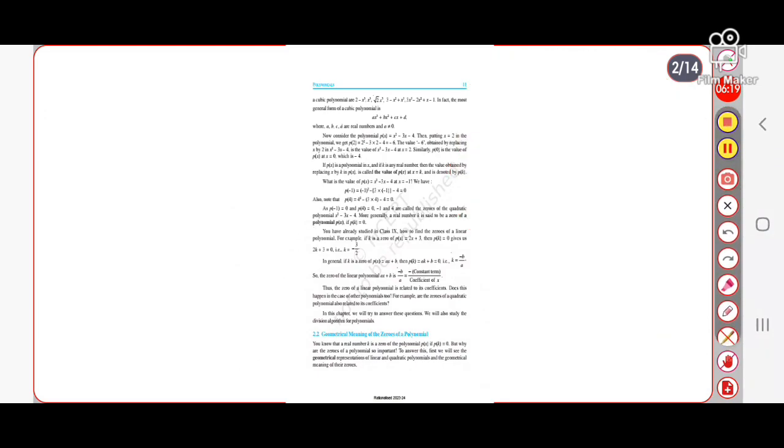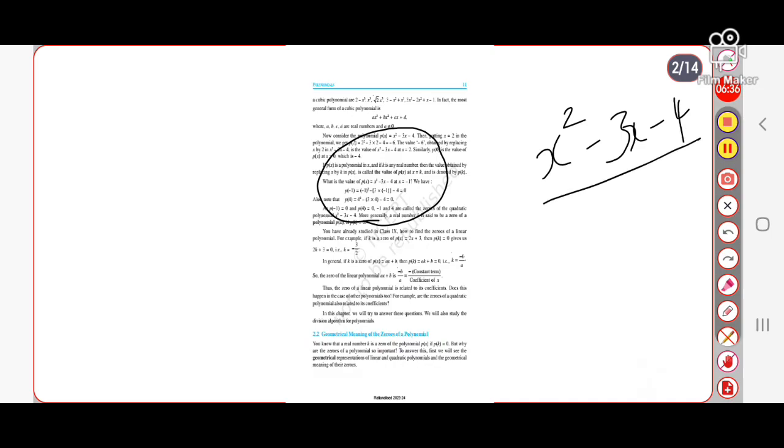Now they have given one example: p of x equal to x square minus 3x minus 4. They are asking for the value at x equal to minus 1.